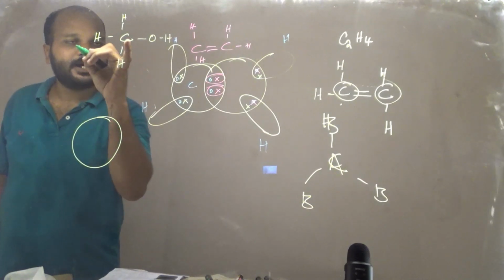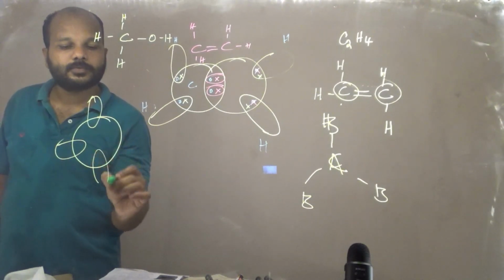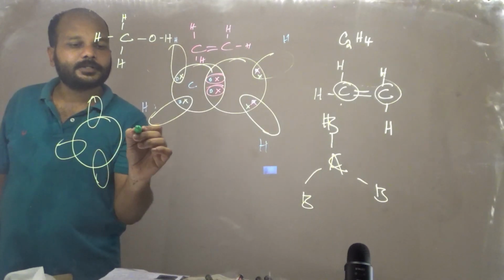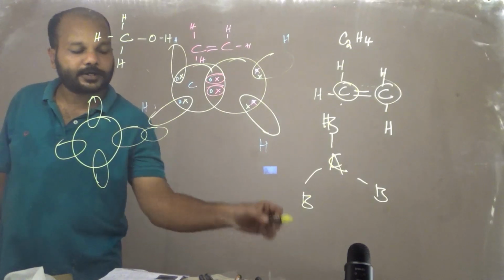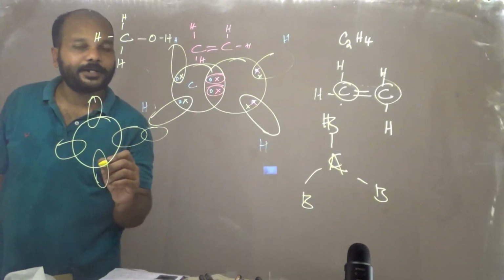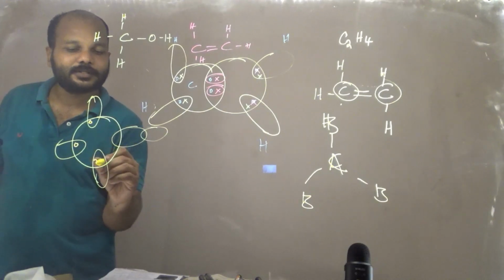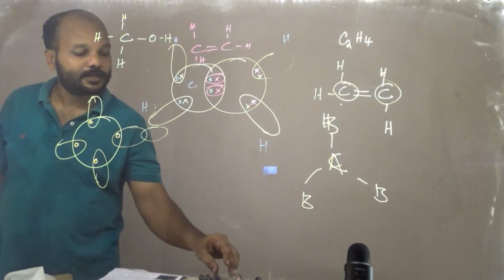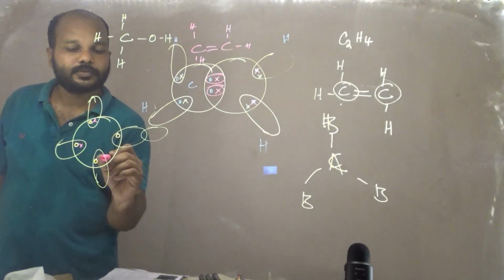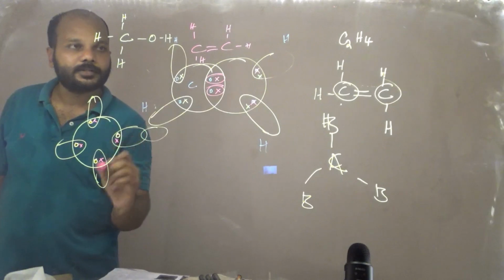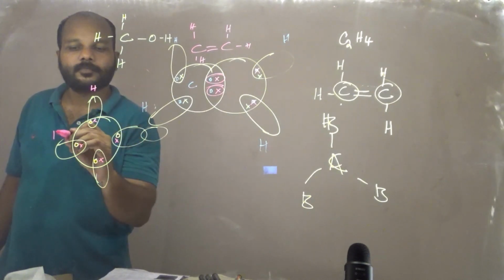Let me draw the structure of carbon: 1, 2, 3, and now this is oxygen. This oxygen is going to bind with the hydrogen. Carbon has 4 electrons in the outermost shell: 1, 2, 3, 4. So here it is going to have 1, 2, 3, 4. These are actually hydrogens.